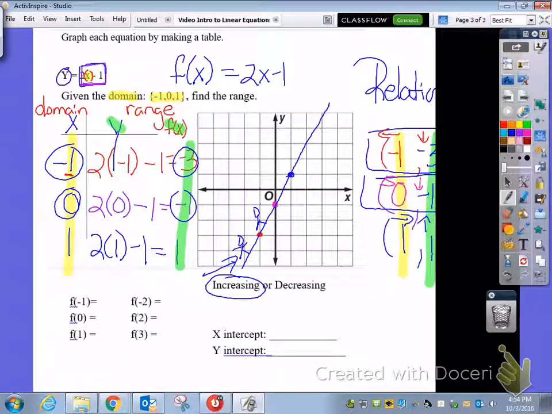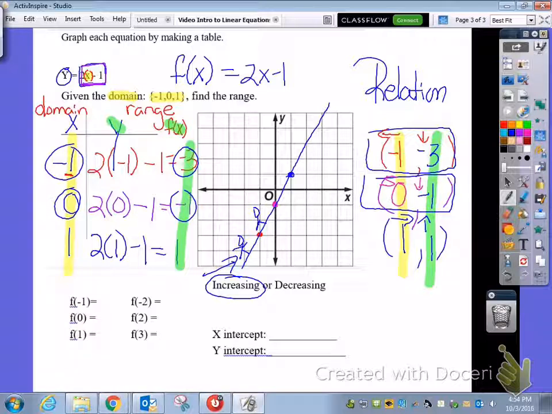Let's talk about your x and y intercept. The x-intercept is where it touches the x-axis. And we've always looked at the x. Here's your x. So just walk across until you get to it. It's right here. This is your x-axis, where the line touches the x-axis. That is your x-intercept.